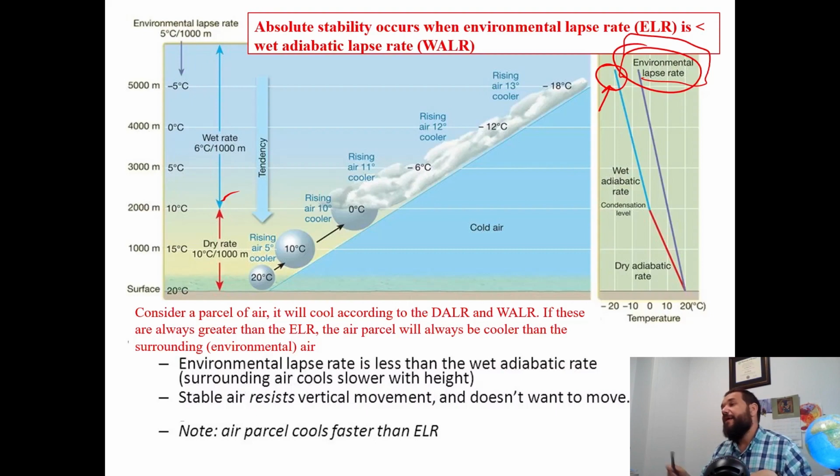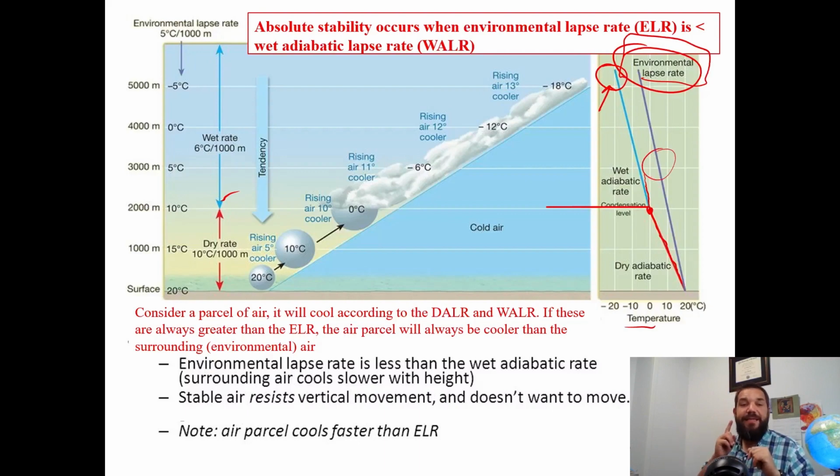Now look at this. This graph is showing you temperature as a function of altitude. You're going to cool off according to the dry, and then you hit the wet, and then you're going to cool off according to the wet. But notice that you're always colder than the environment. You're always to the left of the environmental lapse rate.